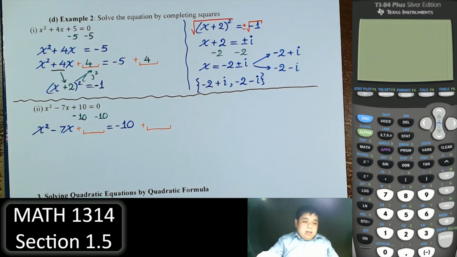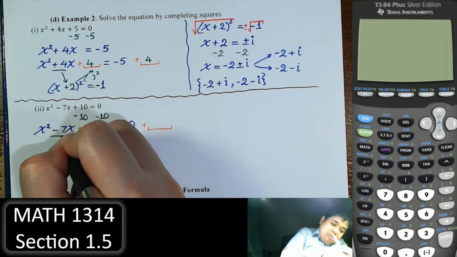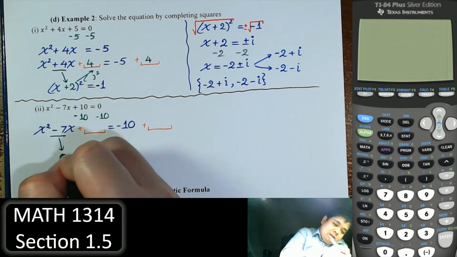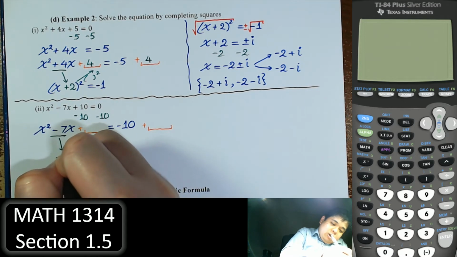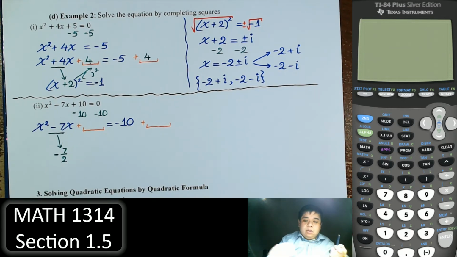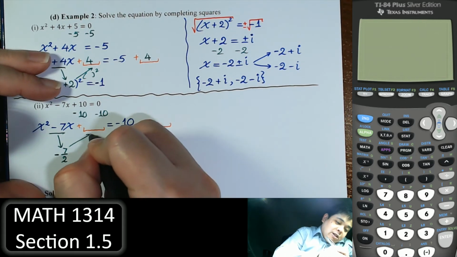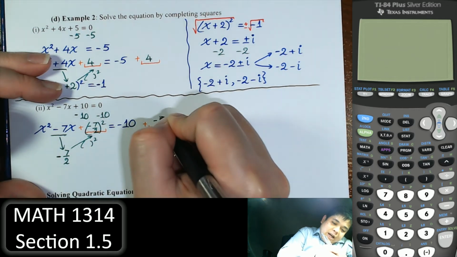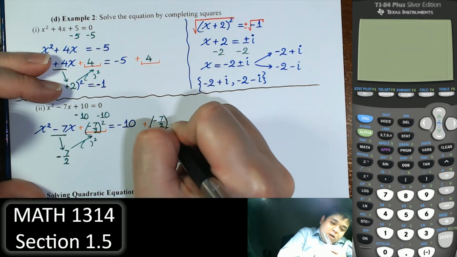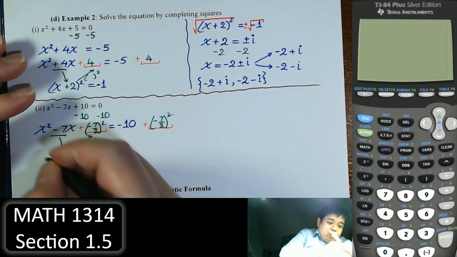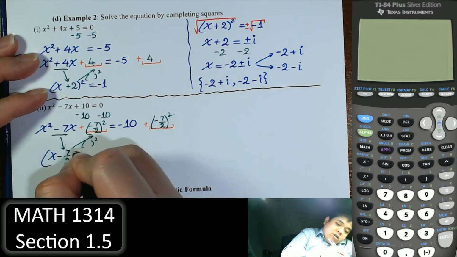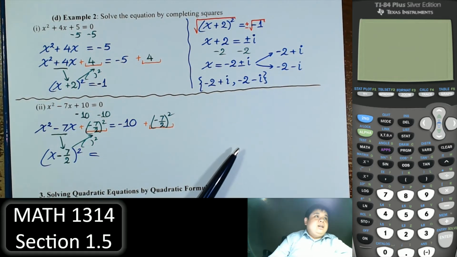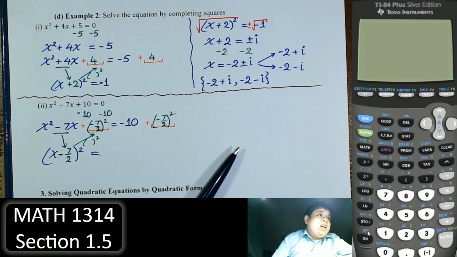So we will have half of the middle number, with the negative, and then we're going to square that and add it to both sides. In here, we're just going to put x and make it a square. If we have a calculator, just go ahead and use it.